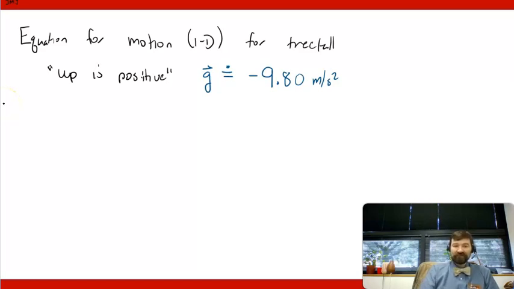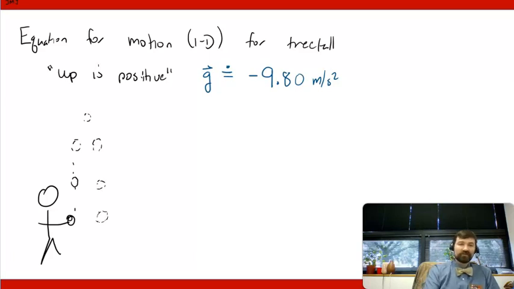So if I have somebody who has a ball and they toss the ball upward, then we could take the ball at different points in the motion as it's going up and as it's coming back down, and we could draw what the velocity is doing and what the acceleration is doing.